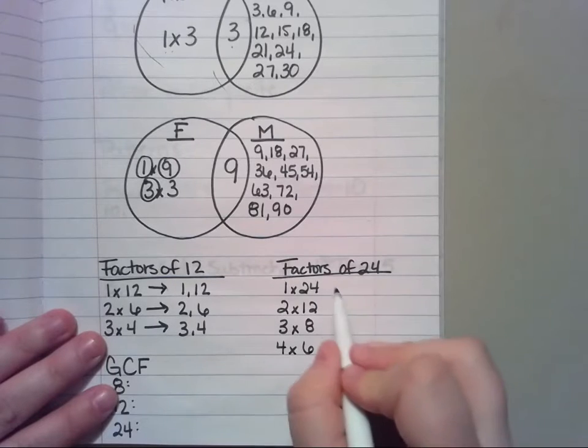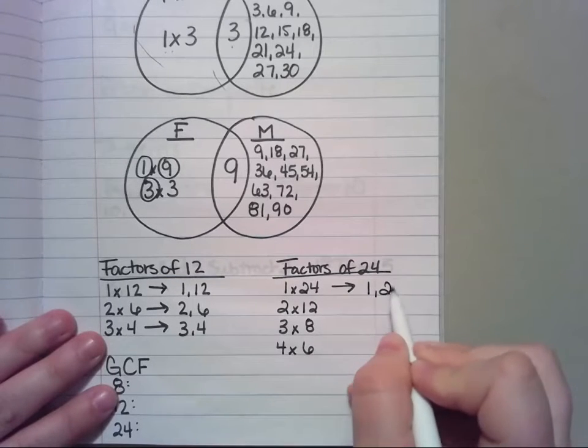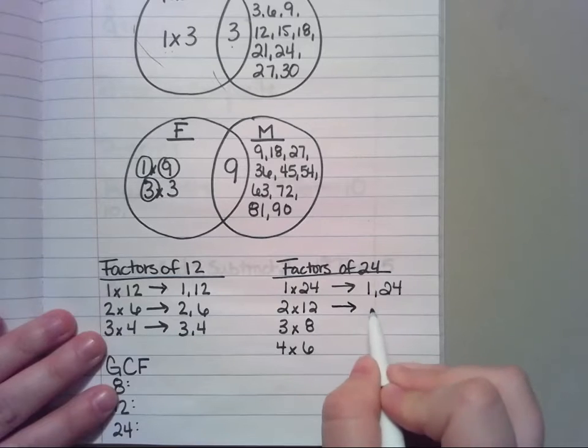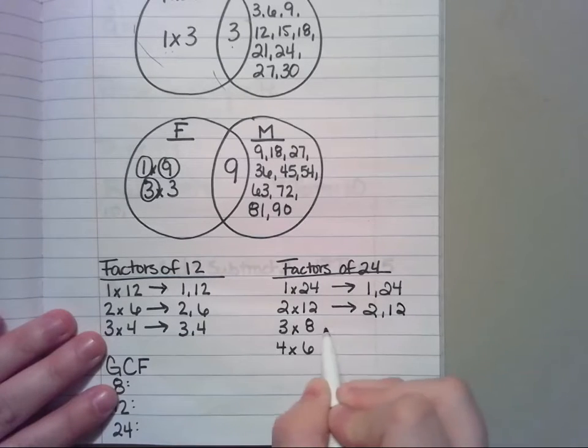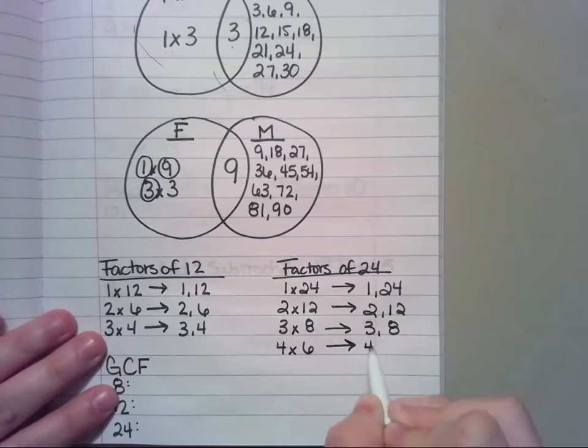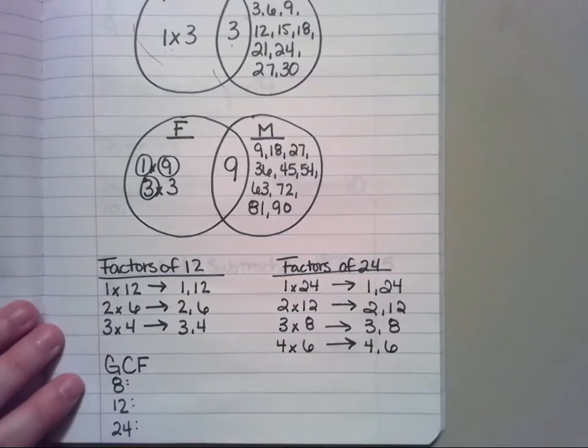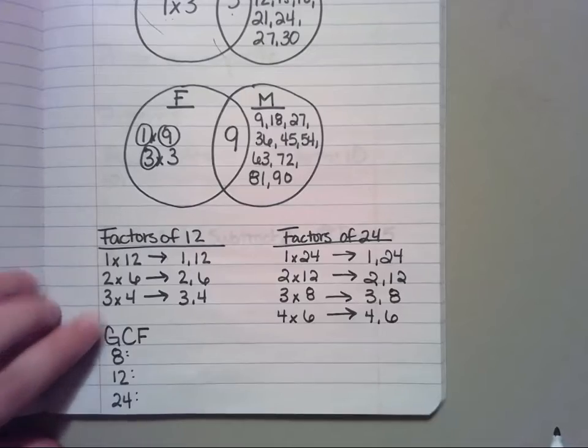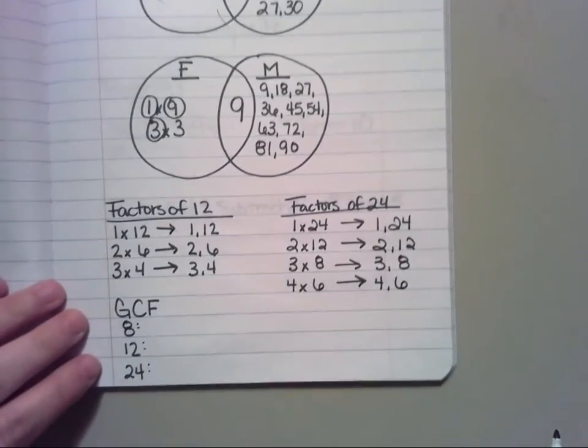And 4 times 6. So I have 1, 24, 2, 12, 3, 8, 4, 6. You'll see this on your assignment today. This kind of chart, just different numbers here.